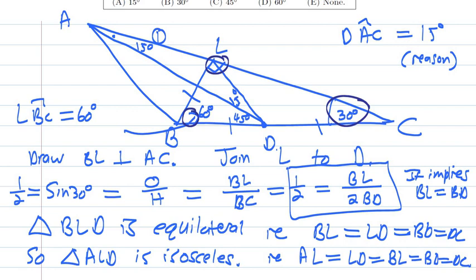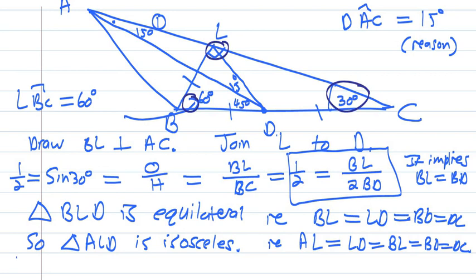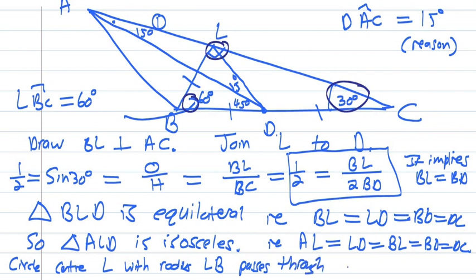Now, if we take a circle with center L, with radius LD, it passes through which points? So, circle, center L, with radius LB, passes through which points?